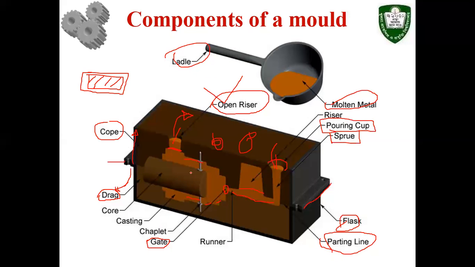To avoid that, to some extent, so that the dimension can be maintained properly, extra material is supplied from this riser and that riser. Both risers supply the extra liquid into the cavity, and that happens before solidification, not after solidification. After solidification, material cannot flow, right?